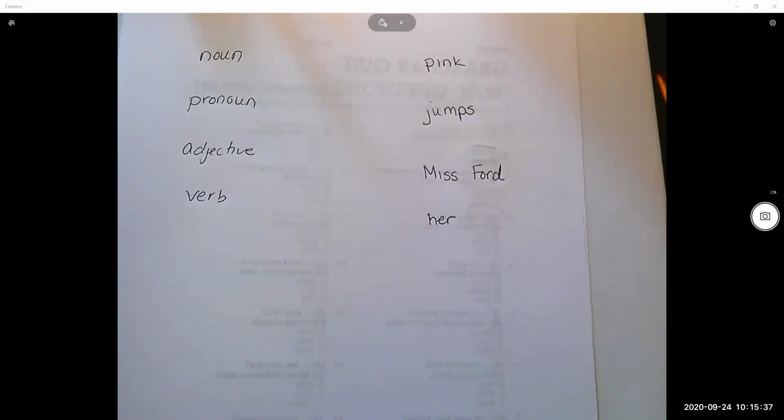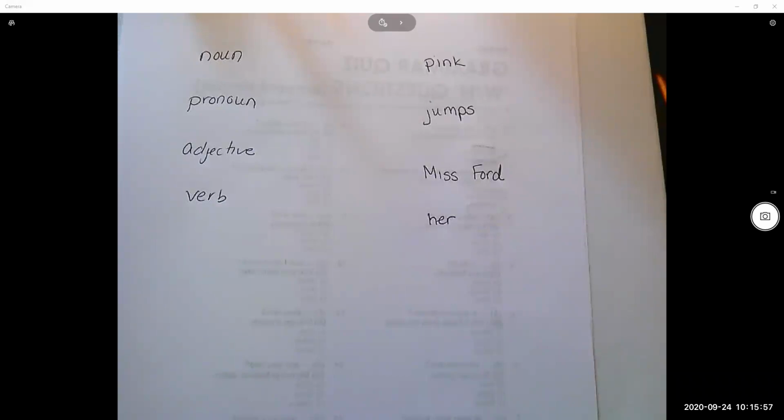So is pink a thing? Well, if we're talking about the musician Pink, it could be a thing, but this one's lowercase. Pink isn't necessarily a thing. Something can be pink. It's not necessarily a thing. It's not a person. Pink's not a place either.